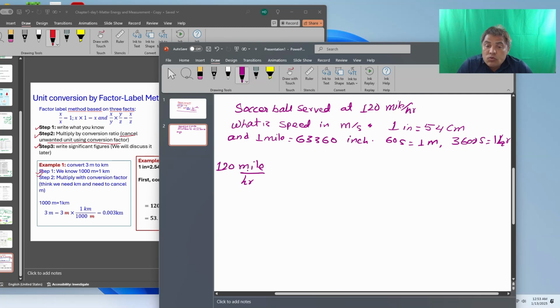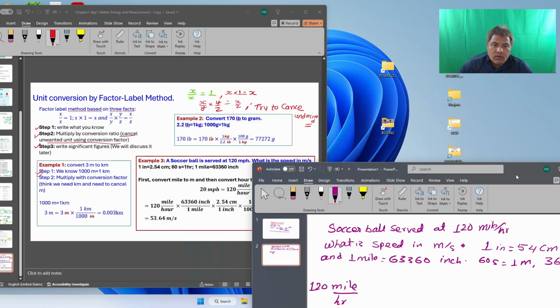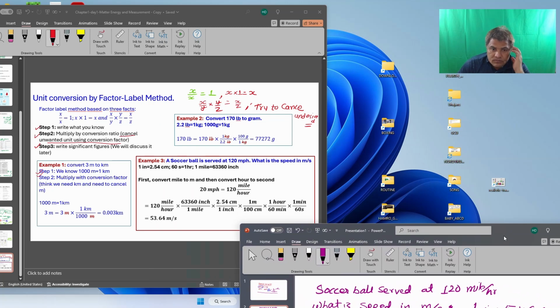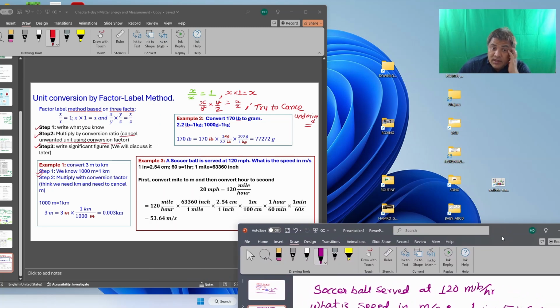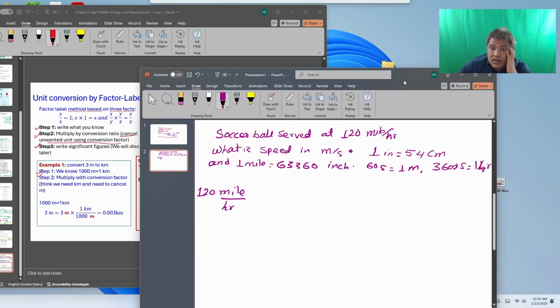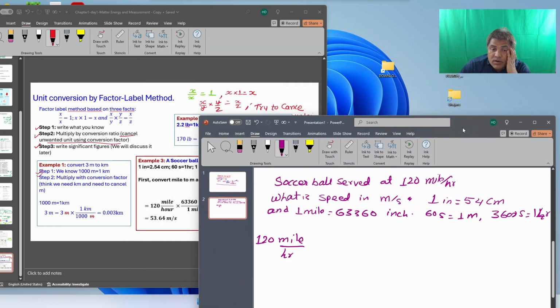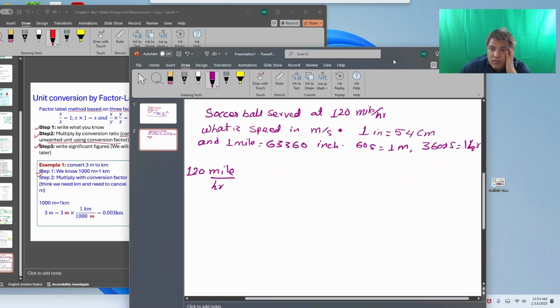But the mile, you have to convert into the inch first, then inch to whatever unit we have been given, centimeter. 1 inch equals 2.54 centimeter, also given. Now everything is here.